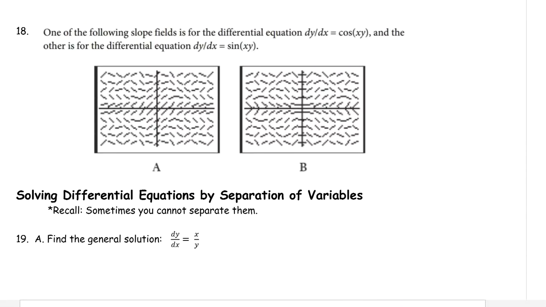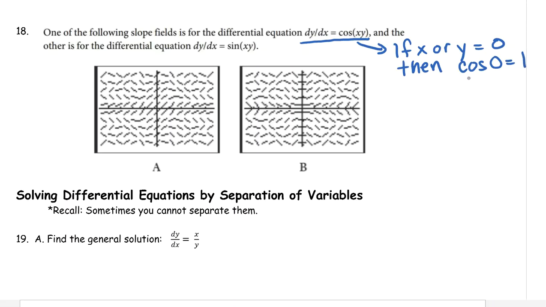In question 18, we have the product of these values. The point here is that by comparison, we can use the values that produce positives, negatives, and zeros. So here, if x or y is equal to 0, then we would have cosine of 0 for our slope, and the cosine of 0 is equal to 1.